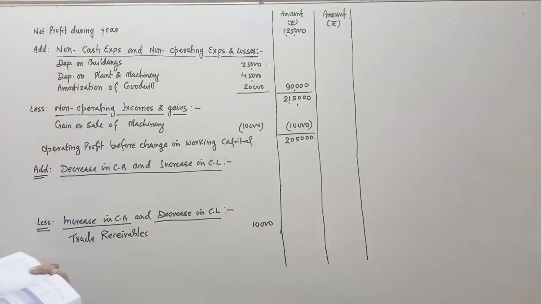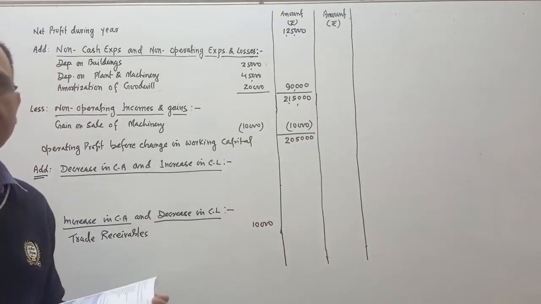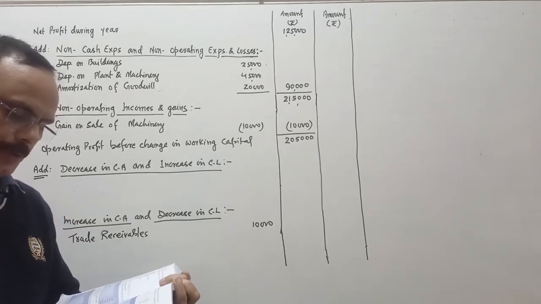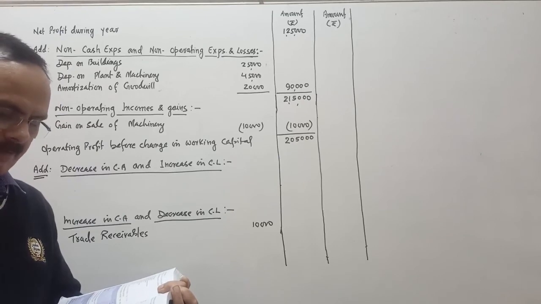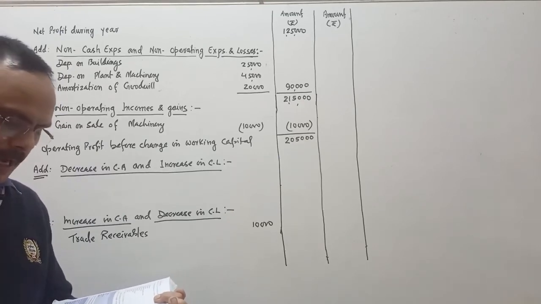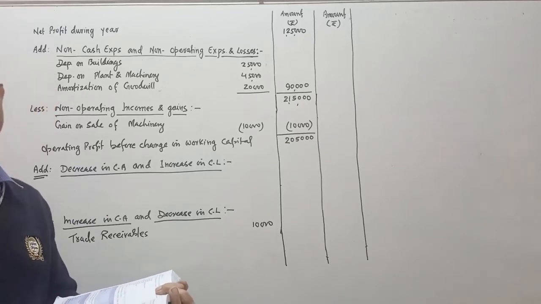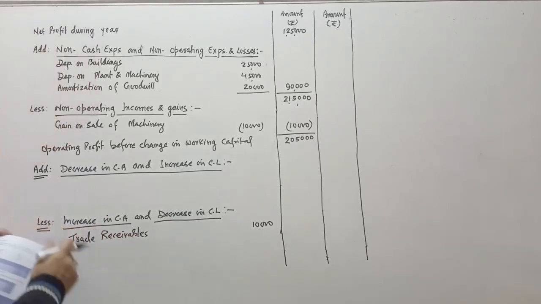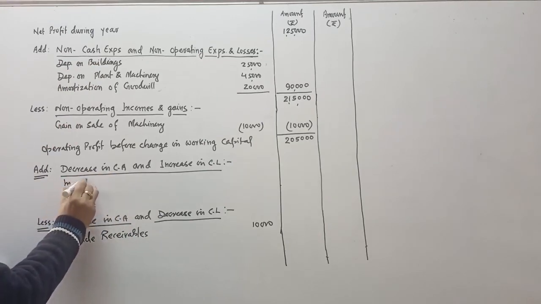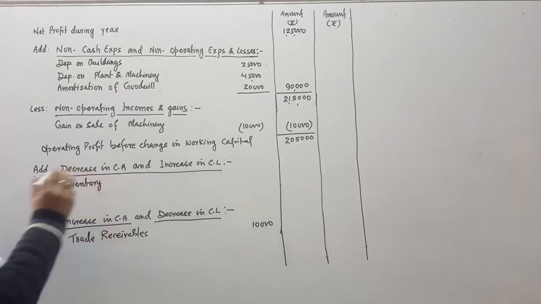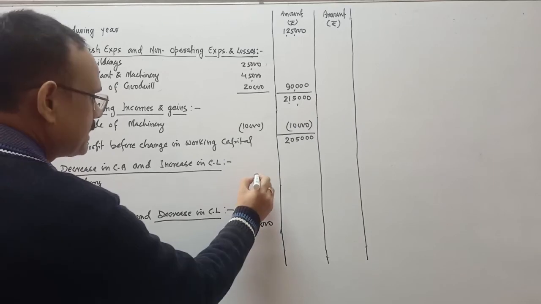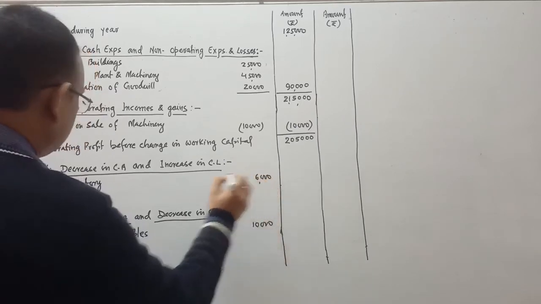Okay. Next is inventory on hand. Inventory is a current asset. Last year in 2017 it was 75,000, and in 2018 it is 69,000. So it is decreased by 6,000. This is a decrease in current assets, so we will add it.